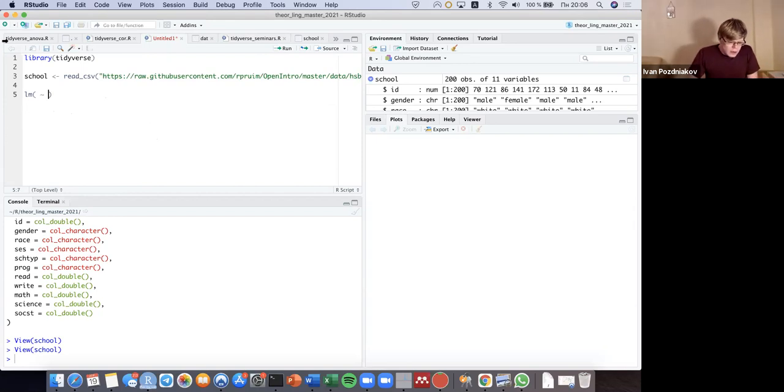It depends. And to the right of that key we always have the predictor. And we want to use read here. And on the left side, you have the outcome, let's say write. Then you need to say data, so the data set that you use. And let's run it.